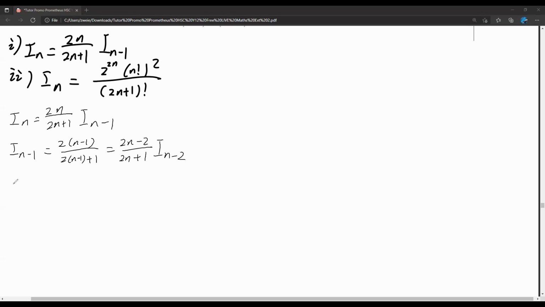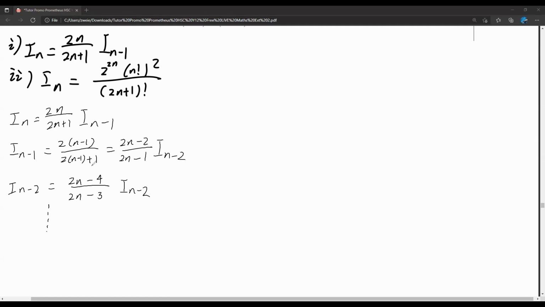So your I(n-2) will equal 2n minus 4 over 2n minus 3, I(n-3). Oh sorry, minus 1 over here, I was getting confused. This is what we will get, and as it continues onwards and onwards.